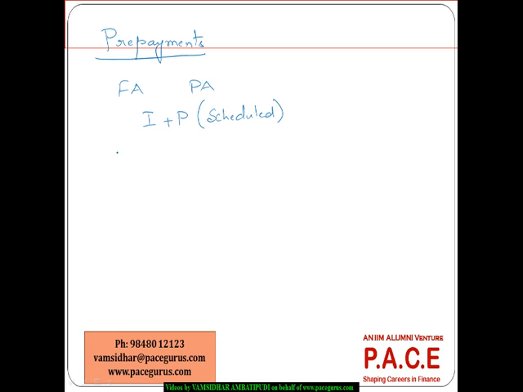But in some cases, people may try to pay an excess over this scheduled principal payment, either to close the loan early, or because they have high cash with them, or probably they want to get into refinancing of the loan. Probably the interest rates that are available now have gone down significantly, and the existing loan is costing them heavily, so they want to close out the existing loan and open a fresh loan.